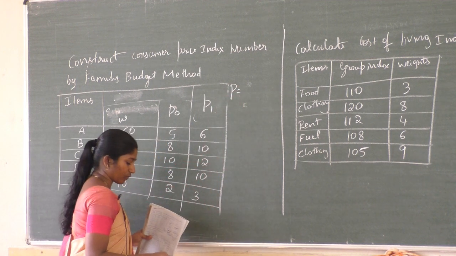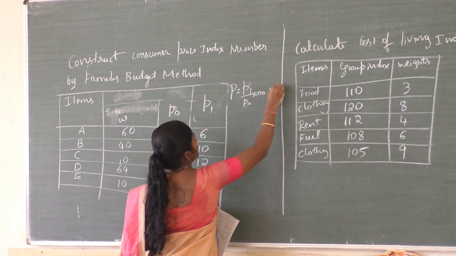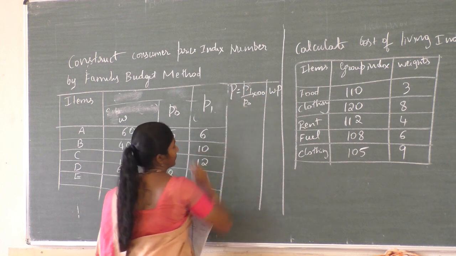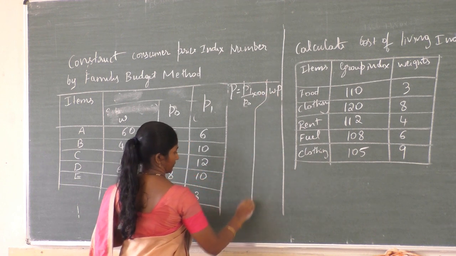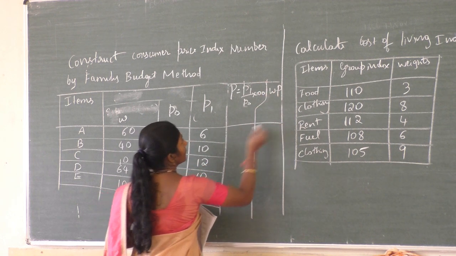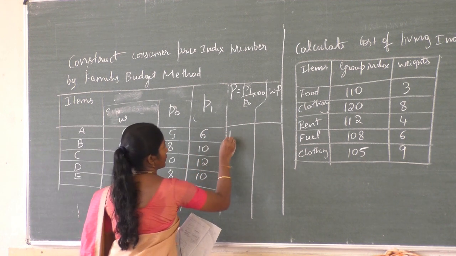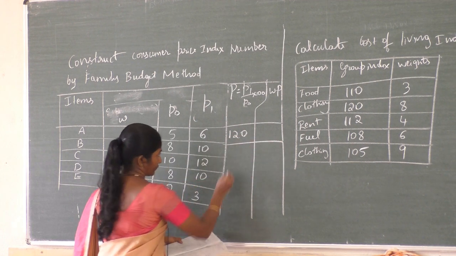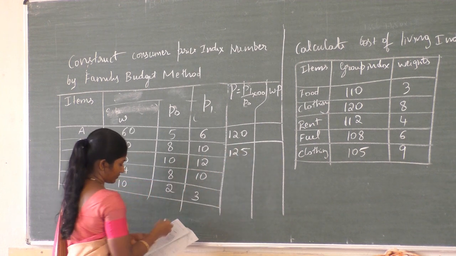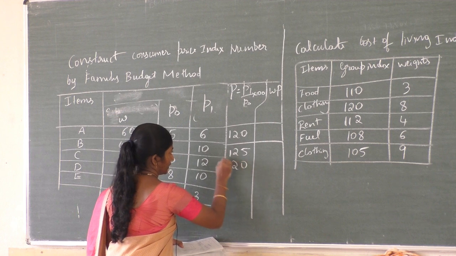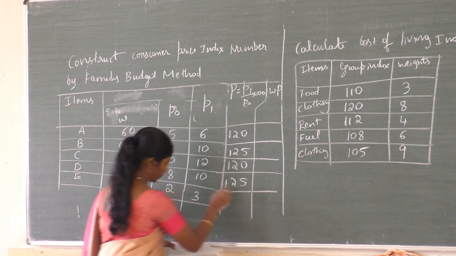Here P equals P1 by P naught into 100, and then W into P. You have to calculate like this, W into P. Calculate P1 by P naught into 100: our answer is 120, 125 divided by 10 divided by 8 into 100, 125. Then here 120, divide this one into 100, we got this answer.